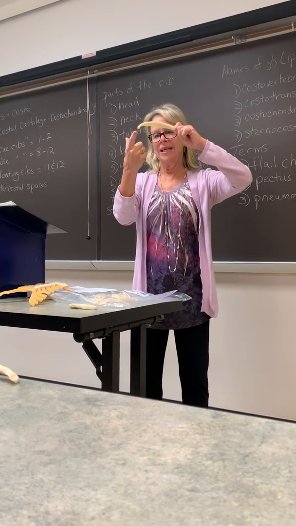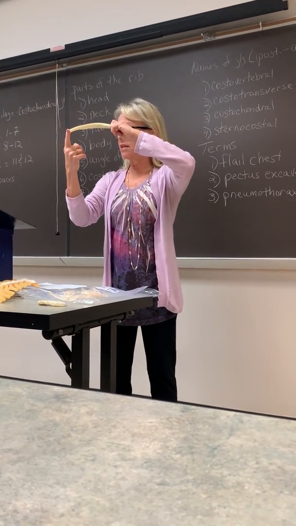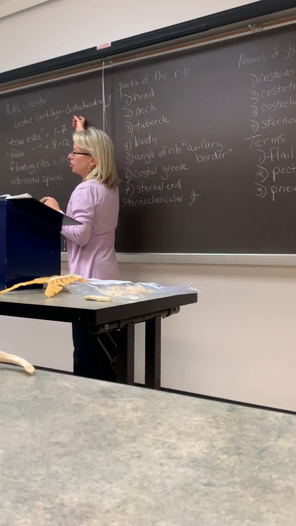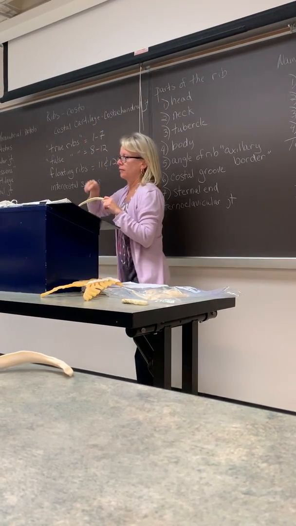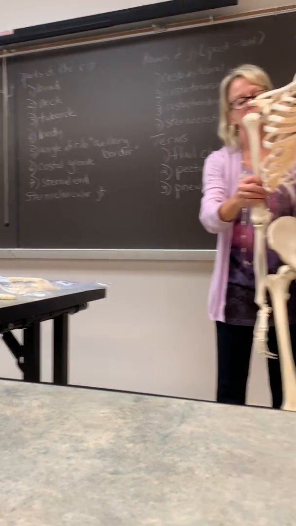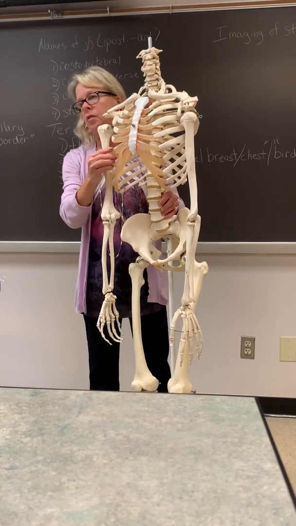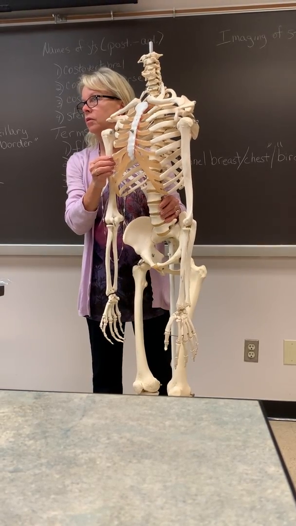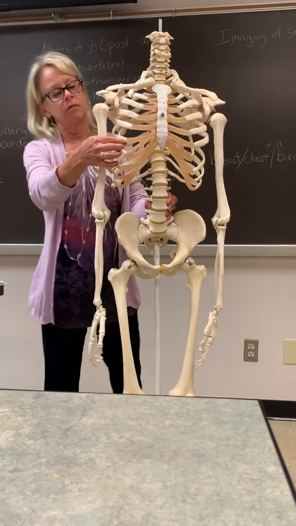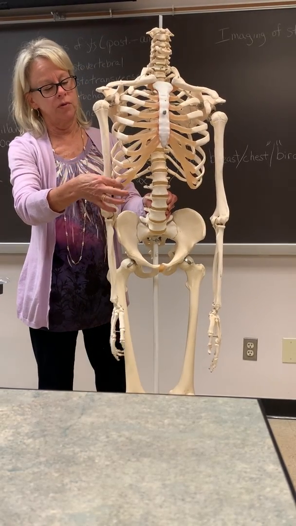Where that cartilage attaches to the rib, it's called a costochondral joint. Chondro means cartilage. So they're talking about this right here, costochondral joint.